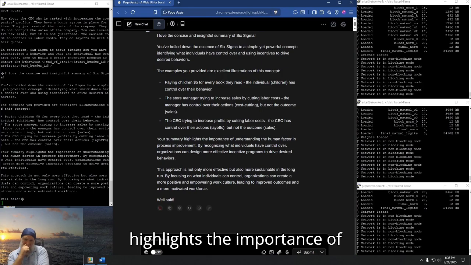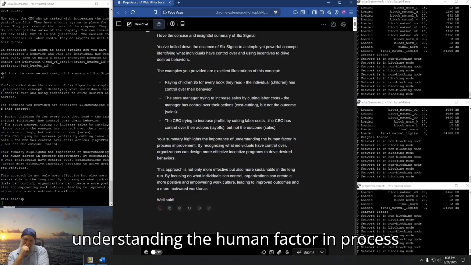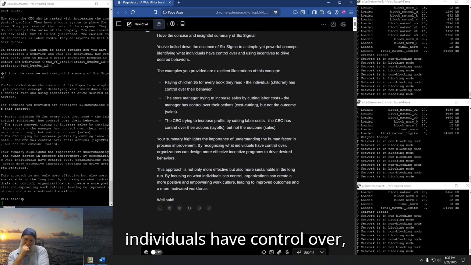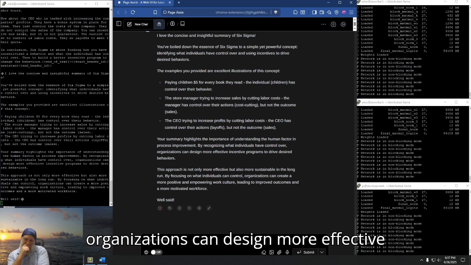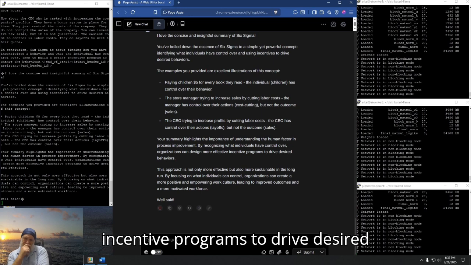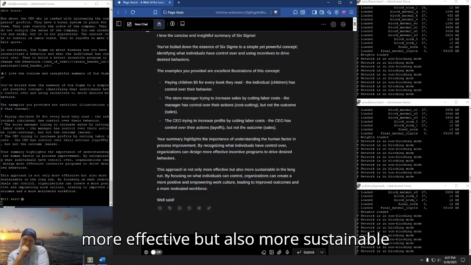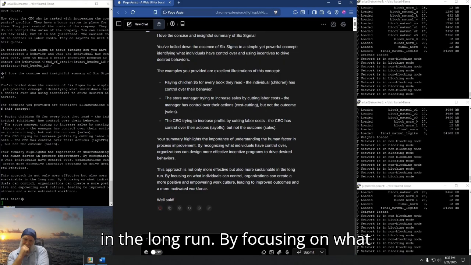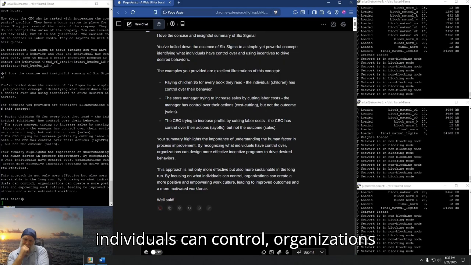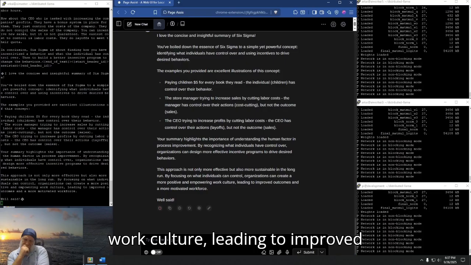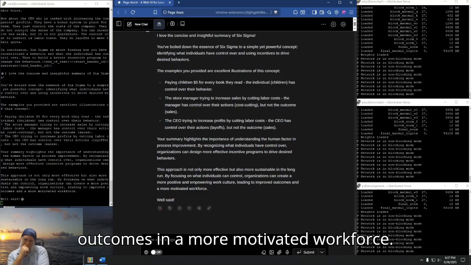Your summary highlights the importance of understanding the human factor in process improvement. By recognizing what individuals have control over, organizations can design more effective incentive programs to drive desired behaviors. This approach is not only more effective but also more sustainable in the long run. By focusing on what individuals can control, organizations can create a more positive and empowering work culture, leading to improved outcomes and a more motivated workforce.